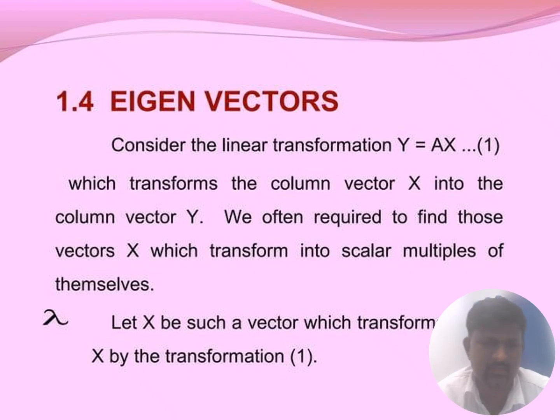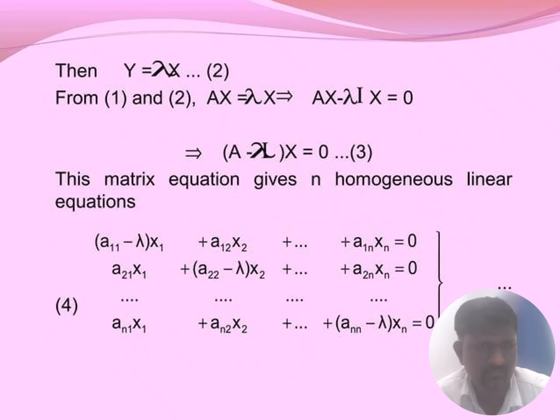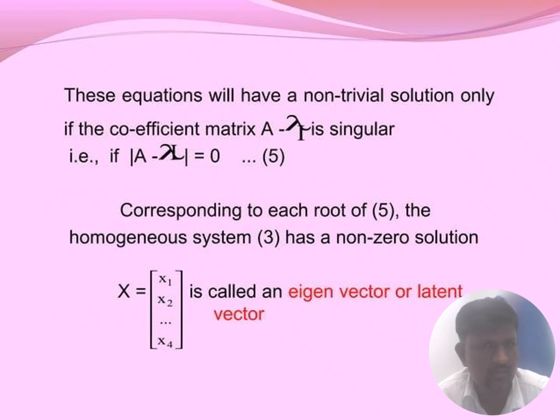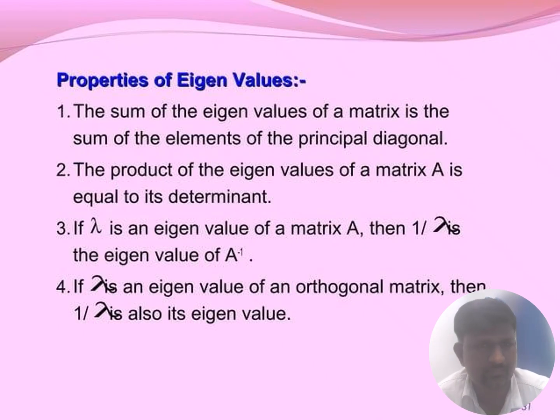Let X be such a vector which transforms by the transformation. Then Y is equal to lambda X. So finally, we conclude that (A minus lambda I) X is equal to 0. Here capital X denotes the eigenvectors.